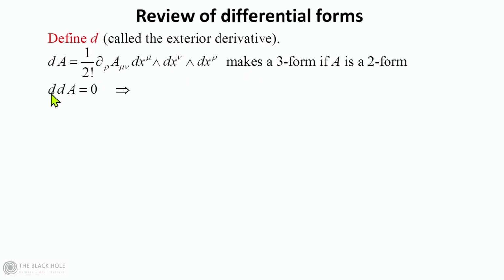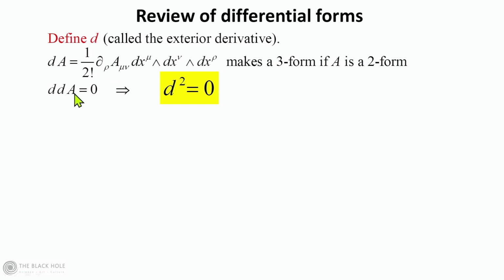Now it's very easy to prove that if you apply D twice on anything, you will get 0. And that tells you D squared is 0. Basically, if you apply D over here, then you would have, let's say, d sigma dx sigma, and then you would have, because of the commutation of partial derivatives, dx sigma and d rho, they commute with each other.